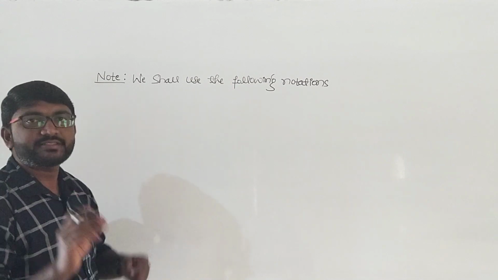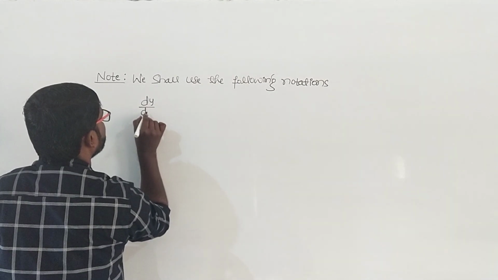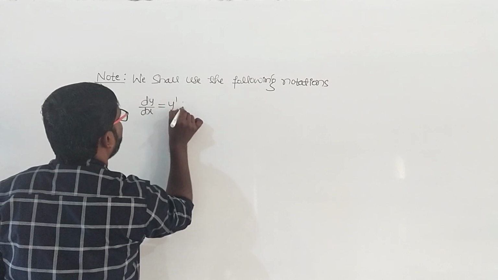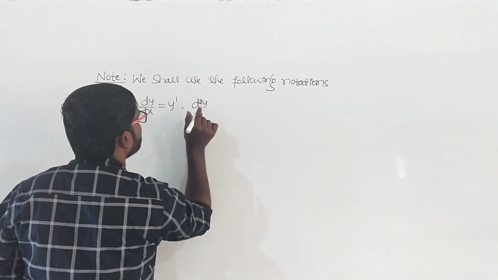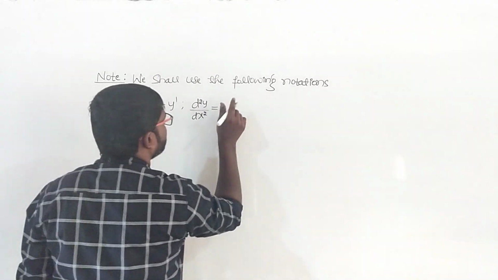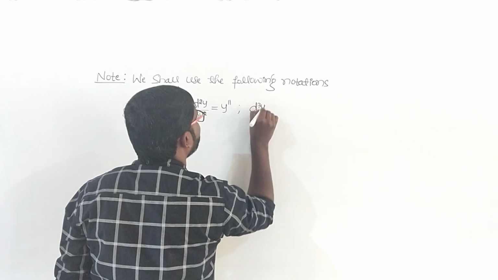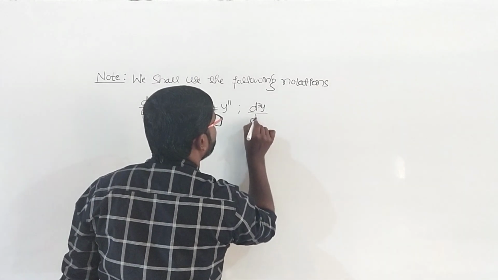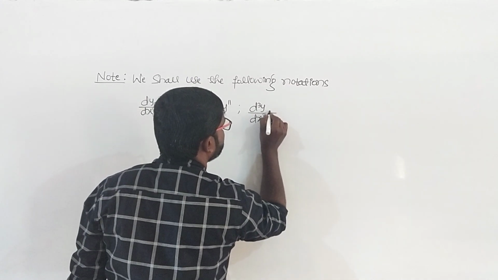So here dy by dx can be written as y dash, d square y by dx square equals y double dash, and d cube y by dx cube equals y triple dash.